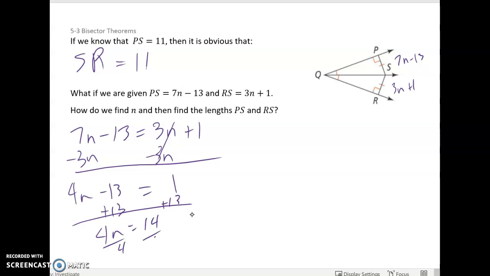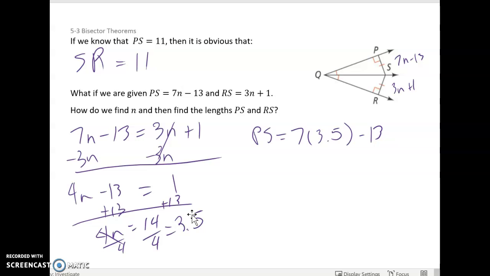Divide by 4. Uh-oh, n is not a perfect integer. It's a fraction, 3.5. Okay? So n is now 3.5. Well, what do we do? Okay. So PS would be 7 times n, which is 3.5, minus 13.